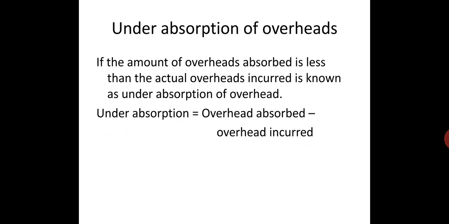So, what is the meaning of under absorption of overheads? If the amount of overheads absorbed is less than the actual overheads incurred, it is known as under absorption of overheads. The formula is: under absorption is equal to overhead absorbed minus overhead incurred.